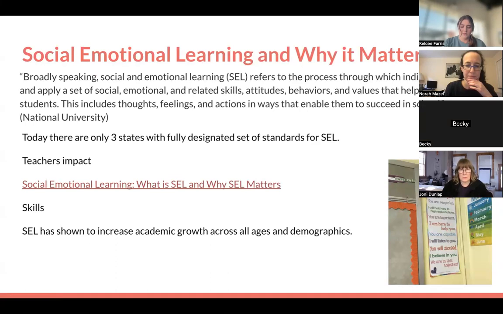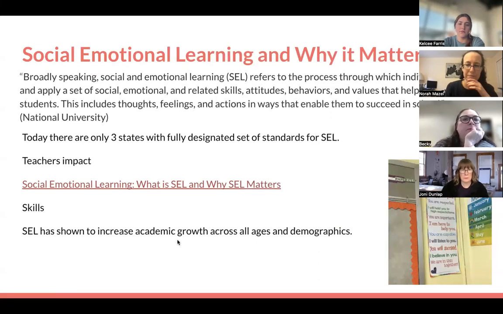I found out in the process of creating this webinar that there are only 3 states that have fully designated sets of standards: Illinois, Florida, and Kentucky. I found that pretty interesting, to see that there are so few states that have it. There are standards out there, but I just don't think teachers know that they exist.